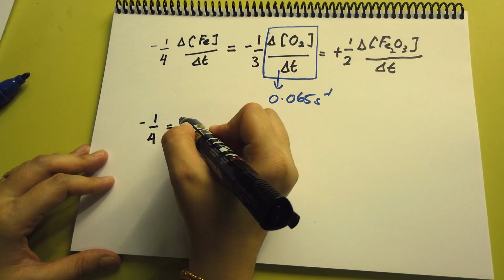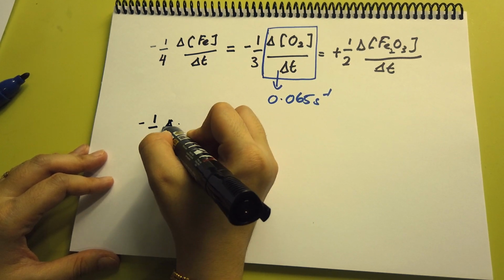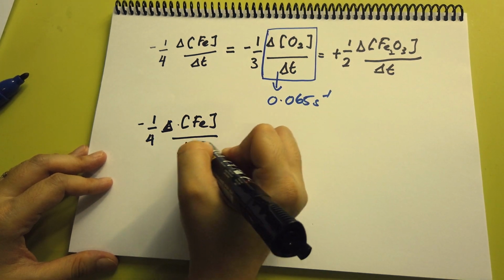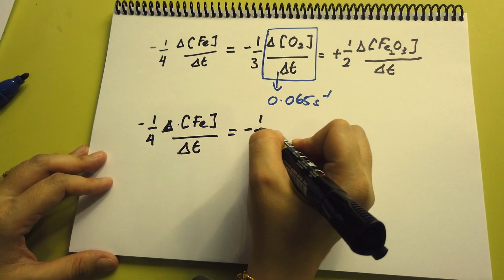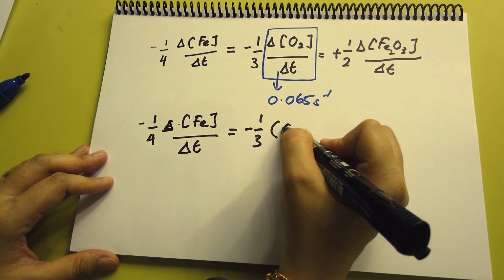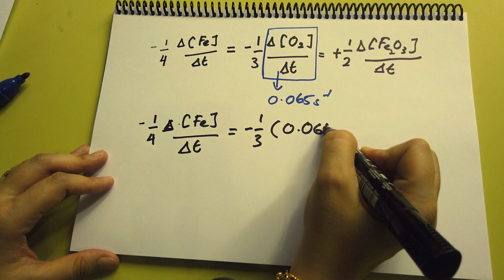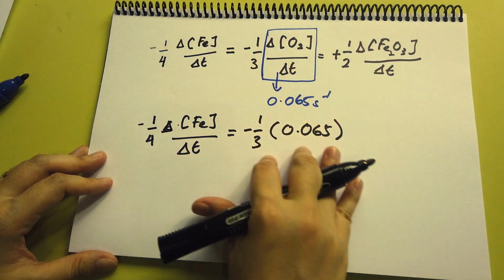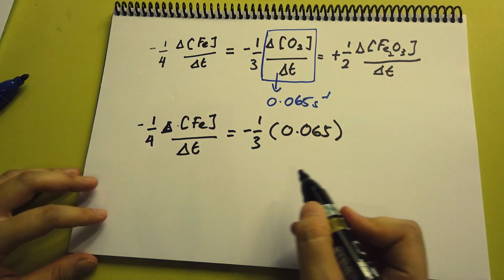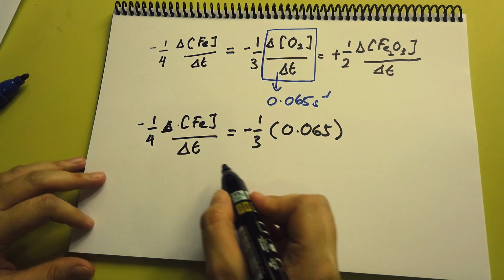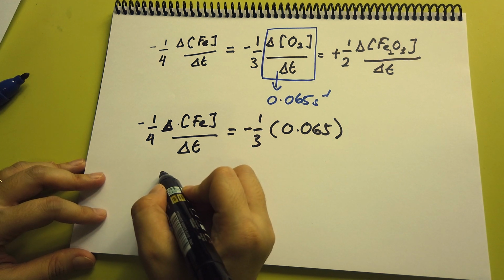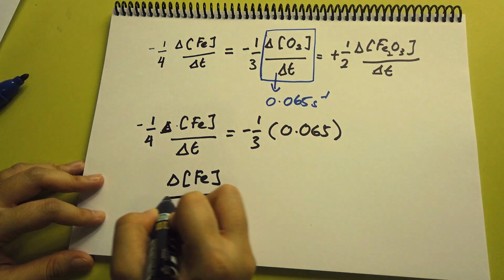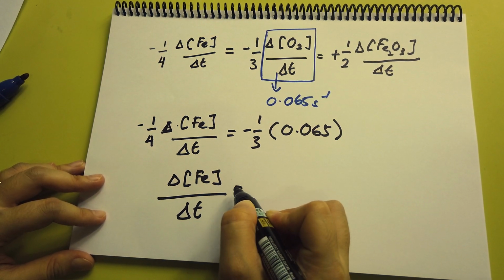Negative 1 over 4 delta Fe over delta t is equivalent to negative 1 over 3 times 0.065. It's easier to calculate this one first. Then you can get delta Fe over delta t equivalent to this one.